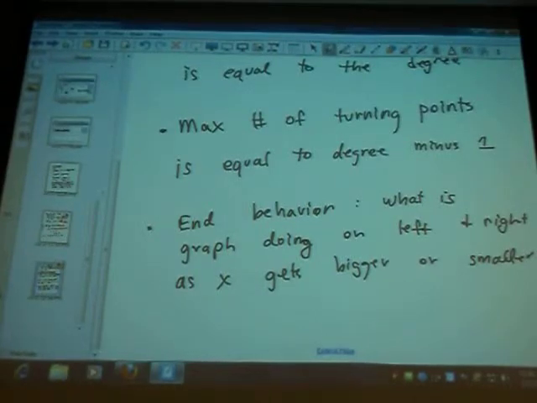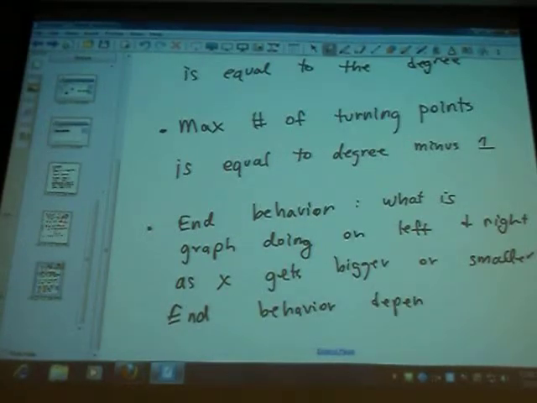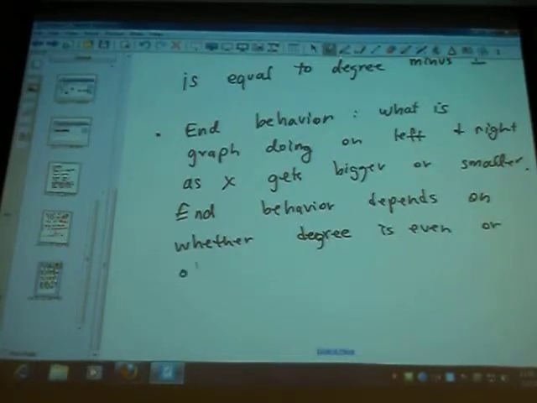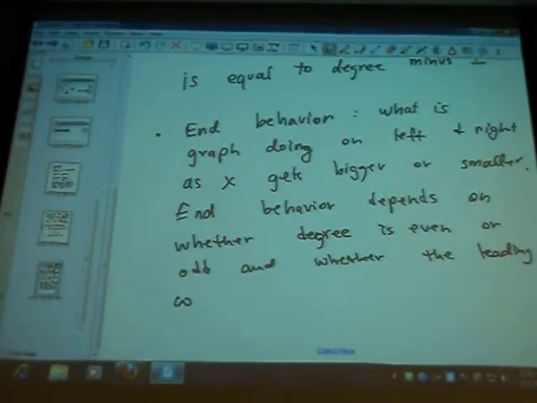Okay, the end behavior depends on whether the degree is even or odd, and whether the leading coefficient is positive or negative.